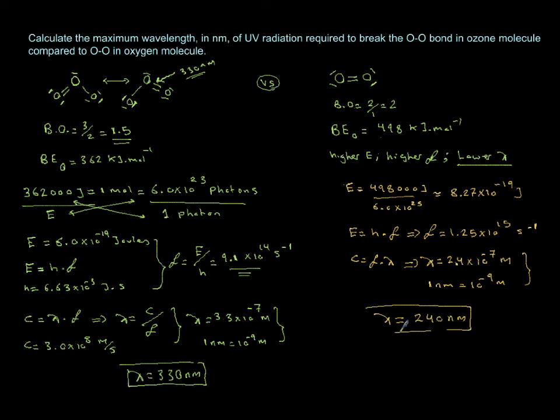So you need a smaller wavelength to break this double bond, which is 240 nanometers. A smaller wavelength indicates a higher frequency, which indicates you need higher energy of photon. So this is something that bonding is going to help you with. The ozone layer is very important. Pollutants such as chlorofluorocarbons also destroy the ozone layer.